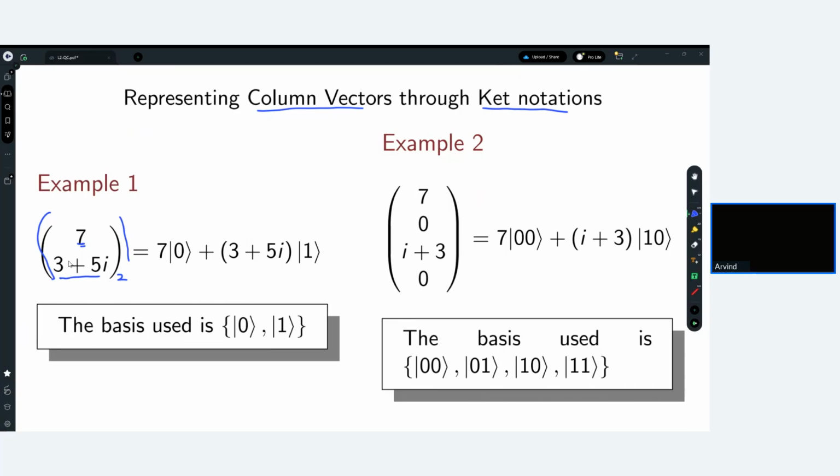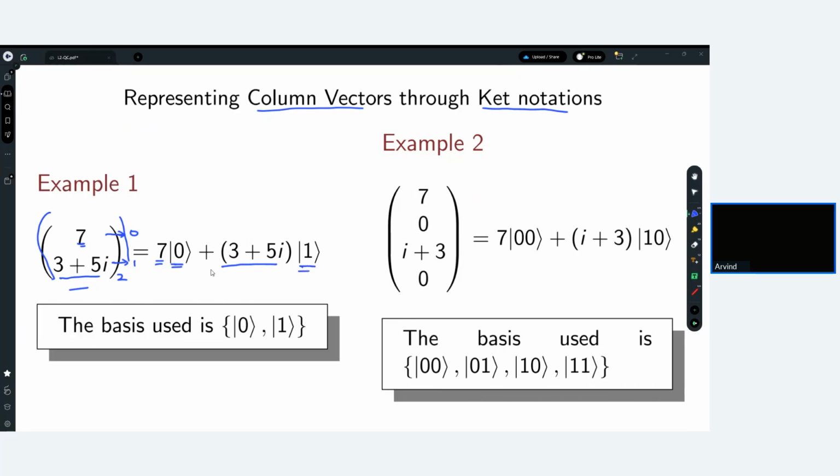Now, in order to represent this column vector through Ket notation, because 7 is present at the 0th position, 7 will become the coefficient of Ket 0, and 3 plus 5i is present at the 1 position, so 3 plus 5i will become the coefficient, and Ket 1 becomes the state.